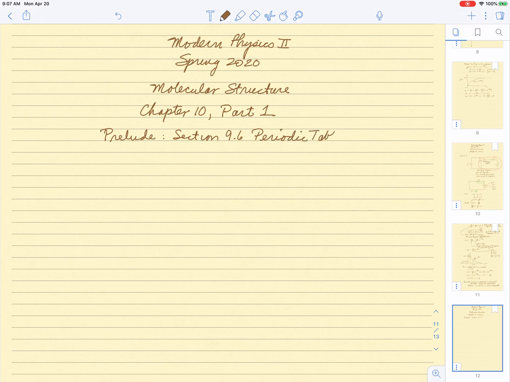That section probably would have been best titled as multi-electron atomic structure. Most of you have gotten a rudimentary foundation in understanding the periodic table, but there's just a few things I want to say before we move into the next chapter.